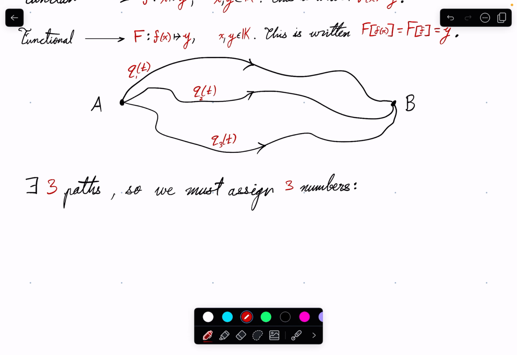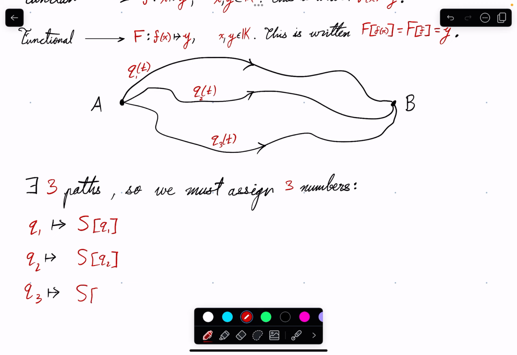So for the first one, you can have q1, which I'm just going to write without the t, q2 and q3. Well, these will map to what I will write with a big S: S of q1, S of q2, S of q3.